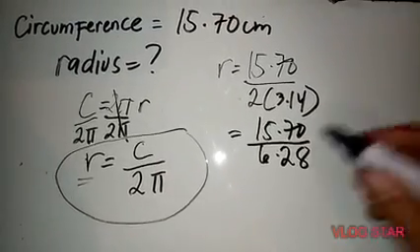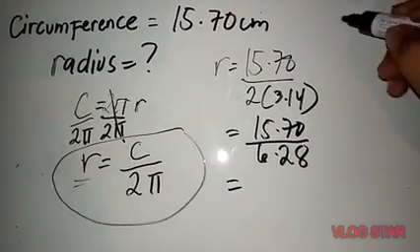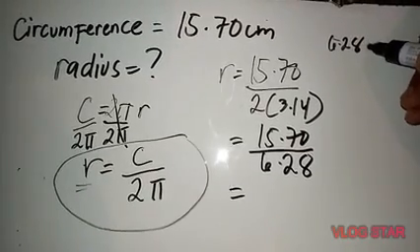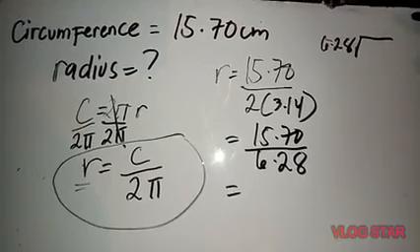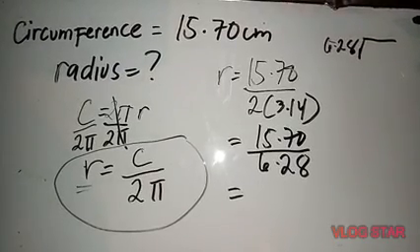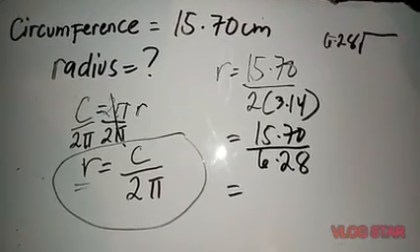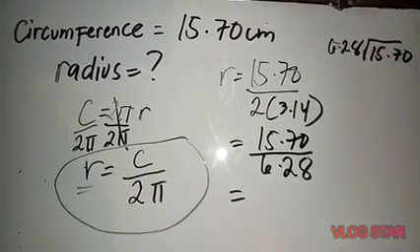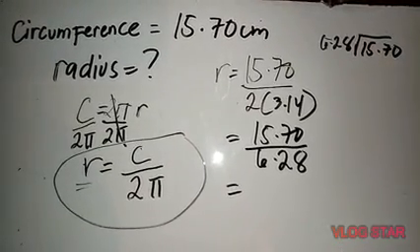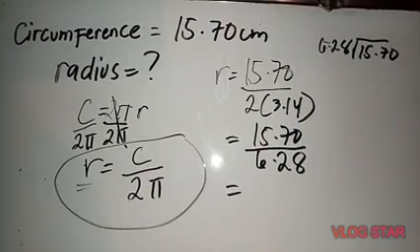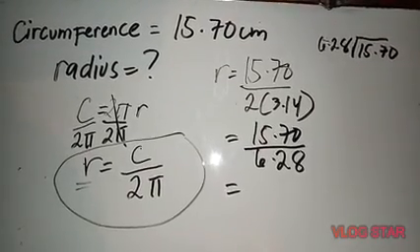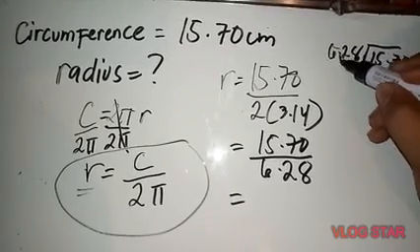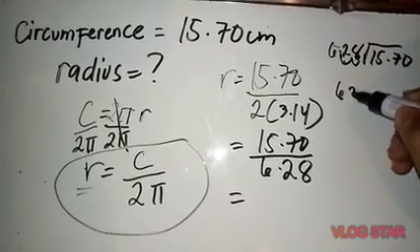So let's solve 15.70 divided by 6.28. We can move the decimal point to make it whole: 628.